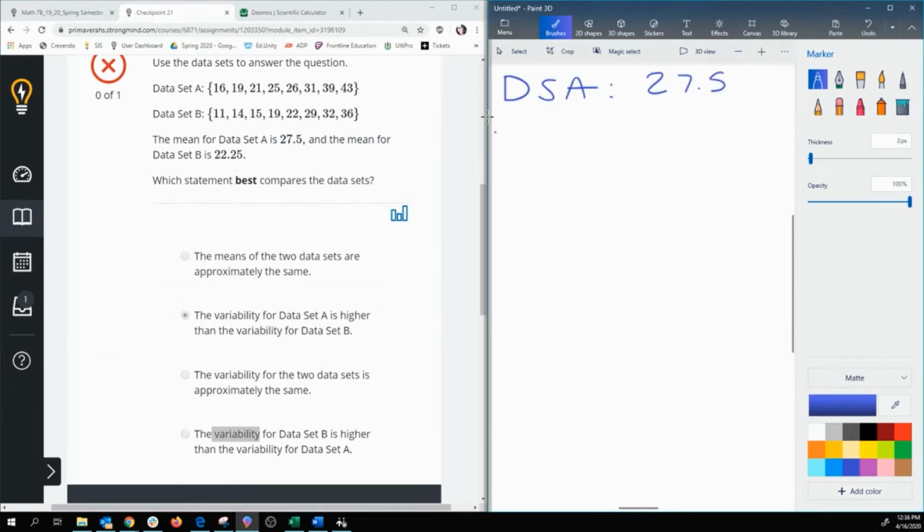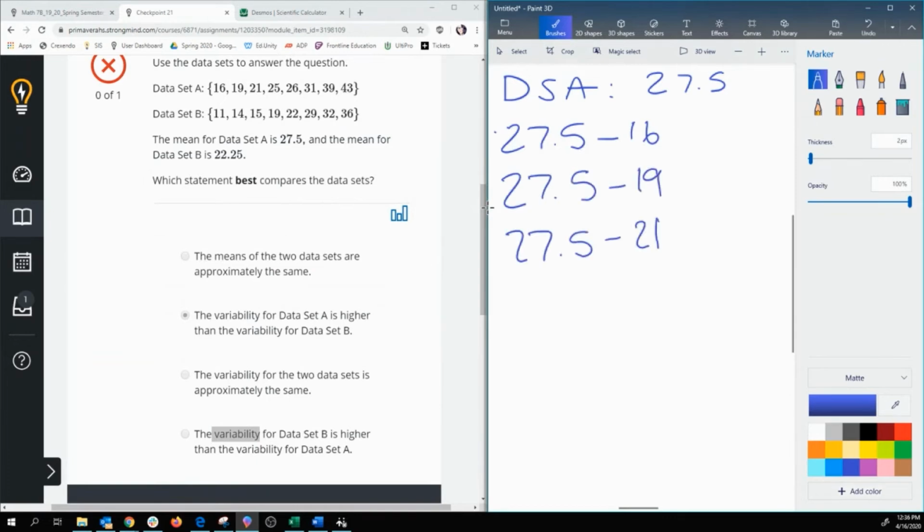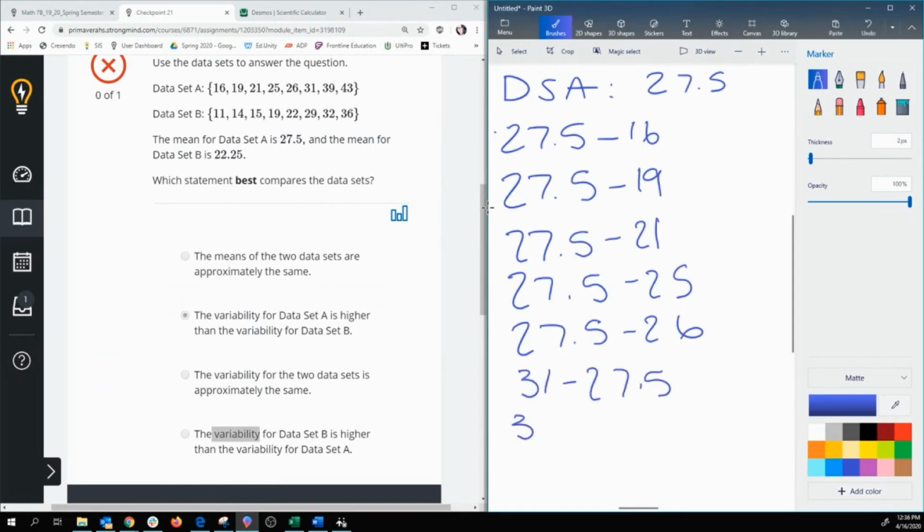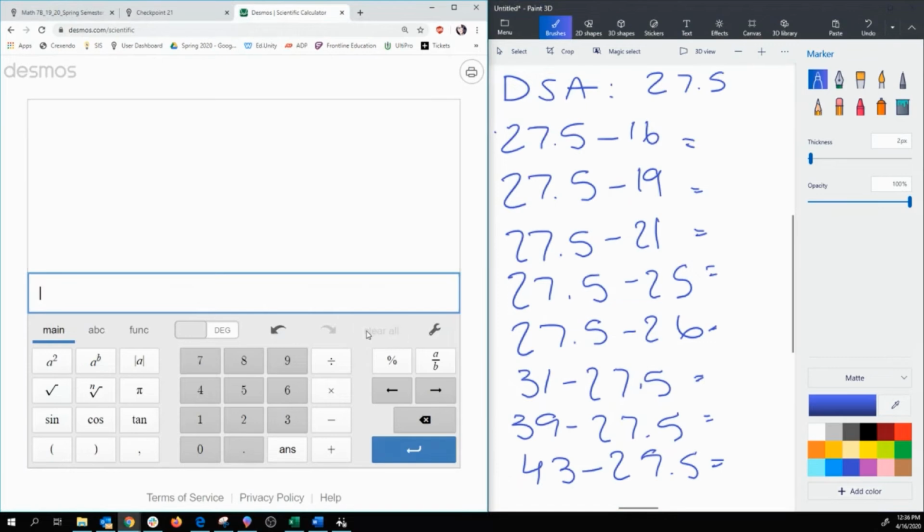So with all of those numbers, I just need to go through and figure out how far apart they are from 27.5. And I'm just going to subtract everything from it. Then pull open my calculator and type all of that in.